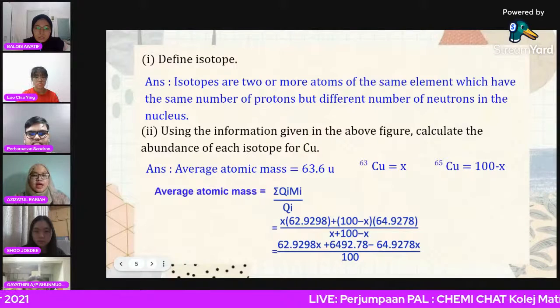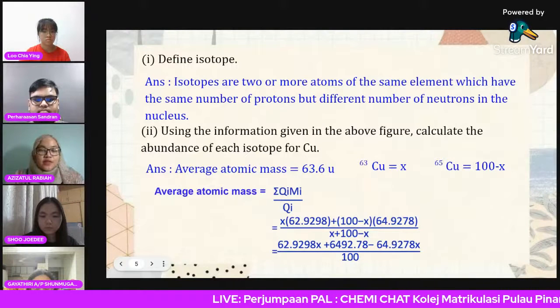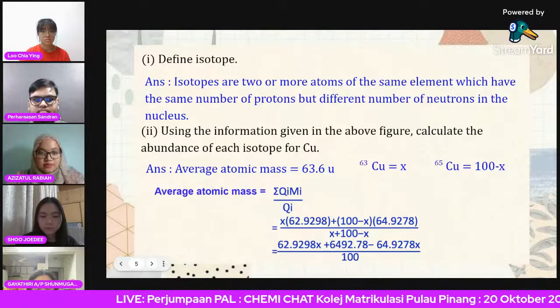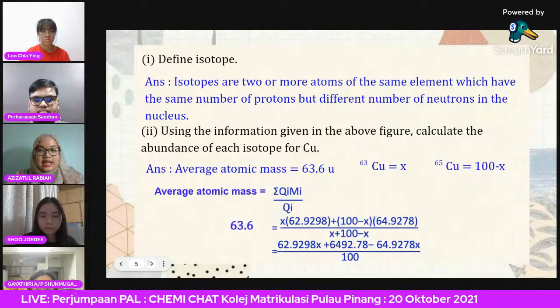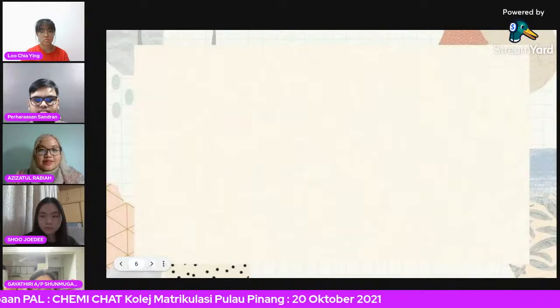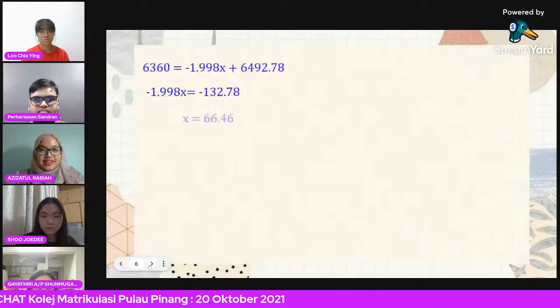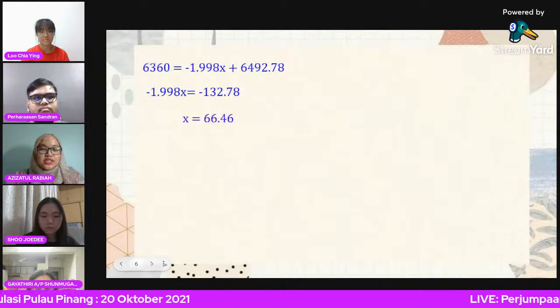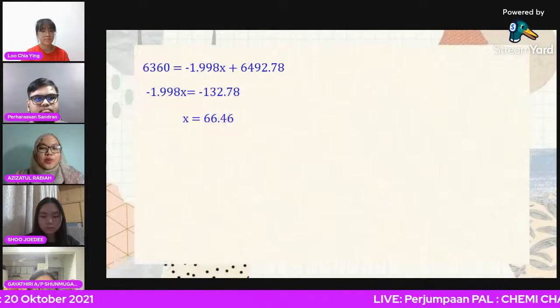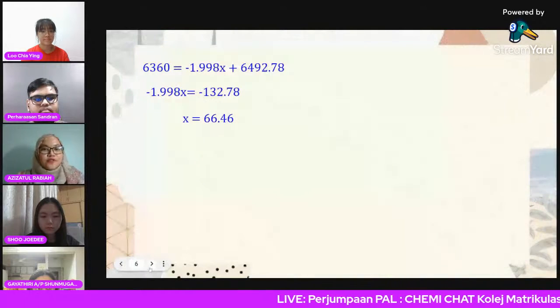Then we substitute the value inside of the formula. We get like this. Then we rearrange the equation. We wanted to get X. So then we get X is equal to 66.46.